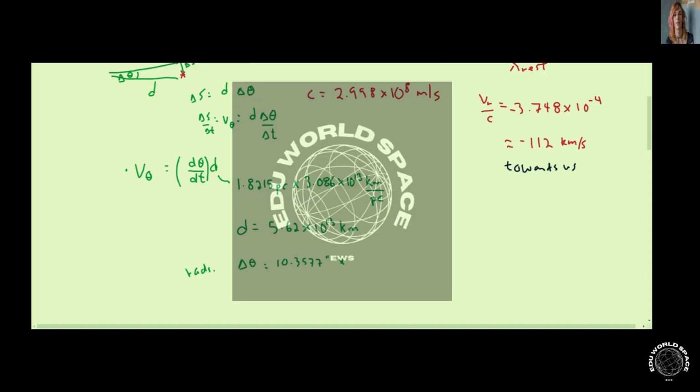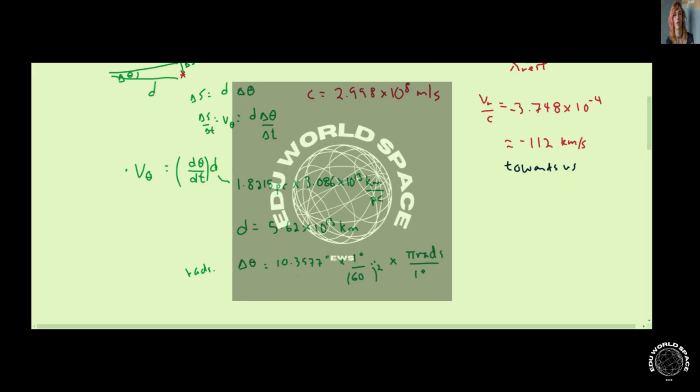There are 60 squared arc seconds in a degree. Let me write this out a little bit cleaner: 1 degree is 60 squared arc seconds, and I should put that up there. And then there are pi radians in 180 degrees.